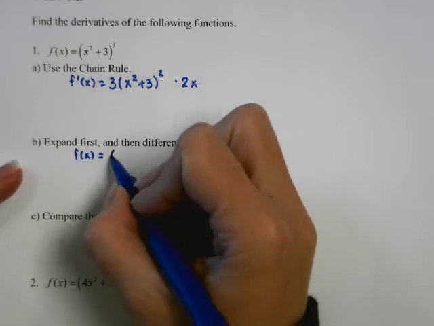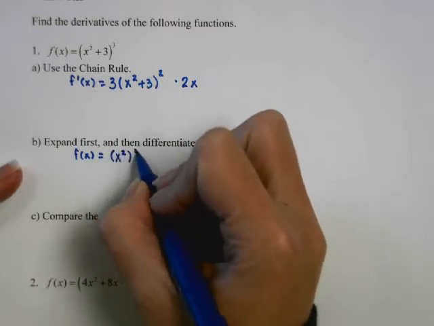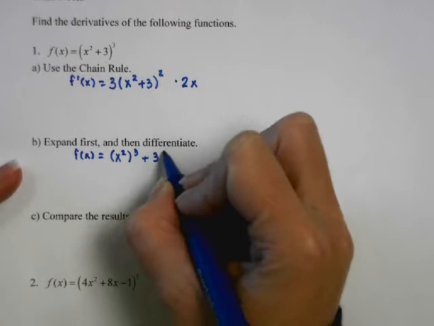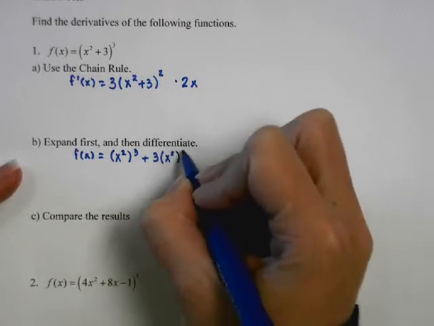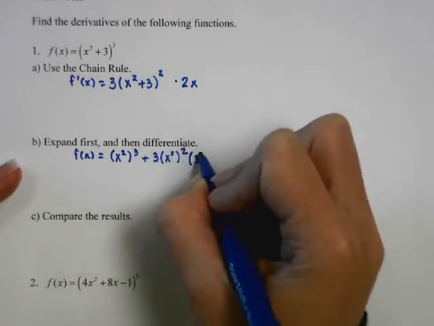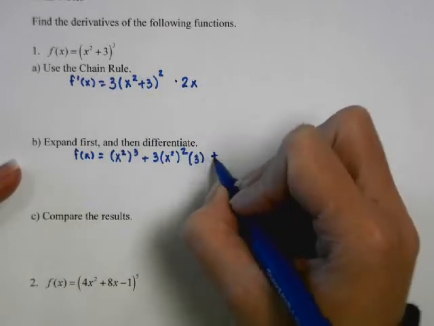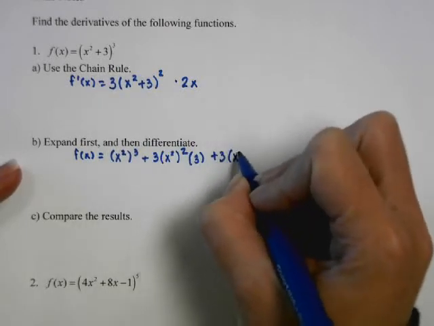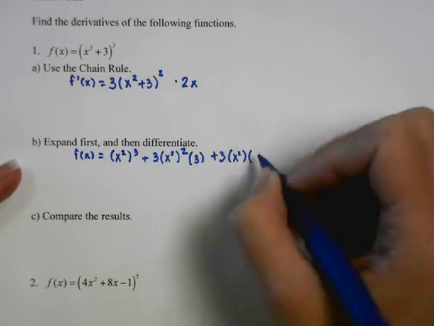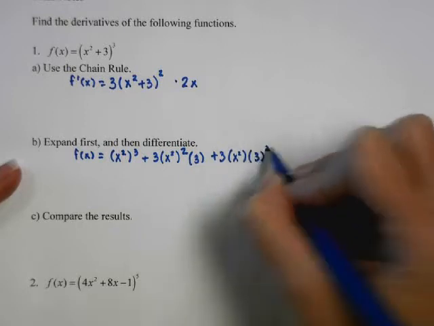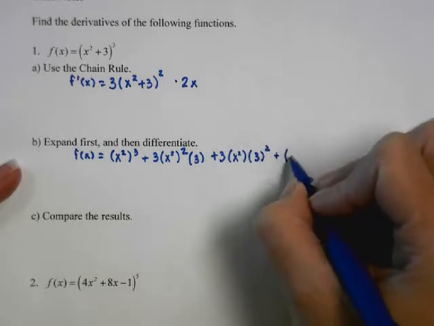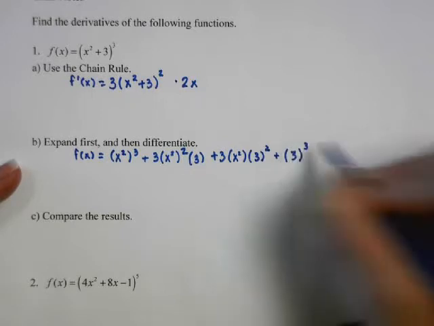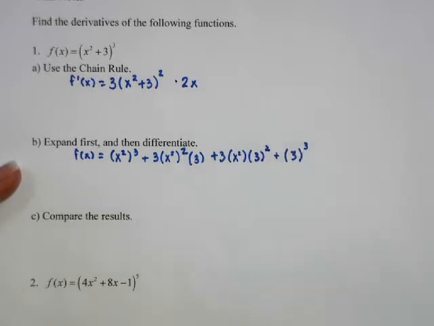We're going to have 1 times x squared cubed plus 3 times x squared squared times the 3, plus 3 times x squared to the first power times 3 squared, plus 1 times 3 cubed.